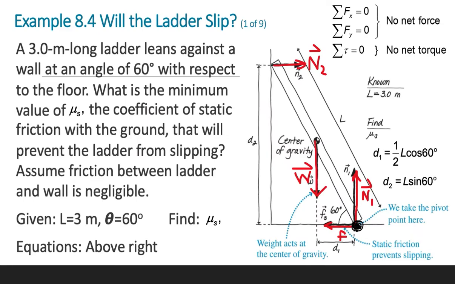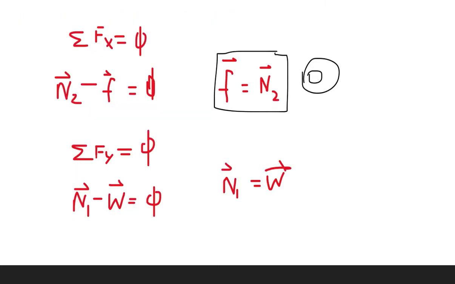So let's look at some of the torques that are going around this pivot point. The sum of the torques must be equal to 0. Torque is given the tau symbol, and torque is a vector.